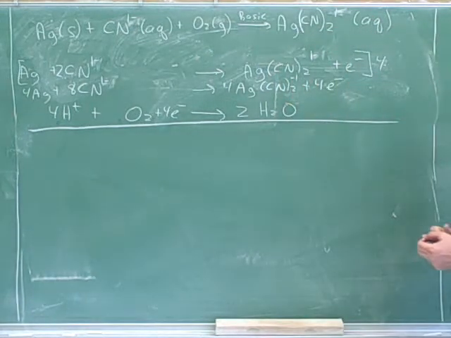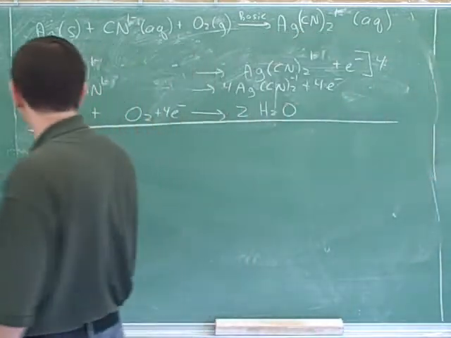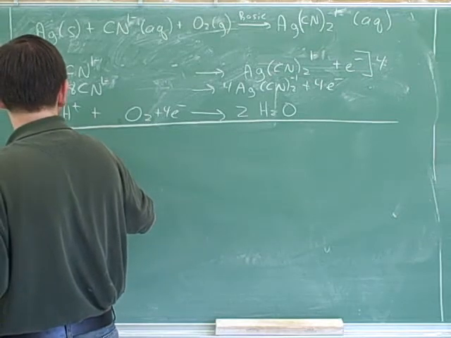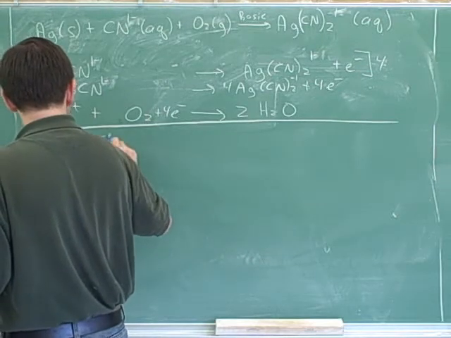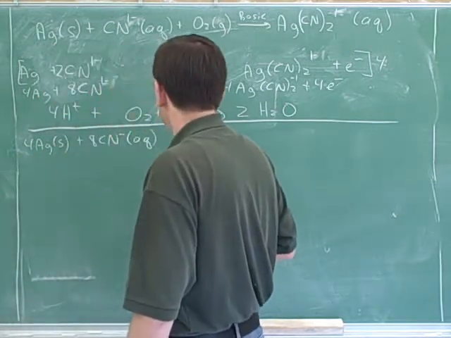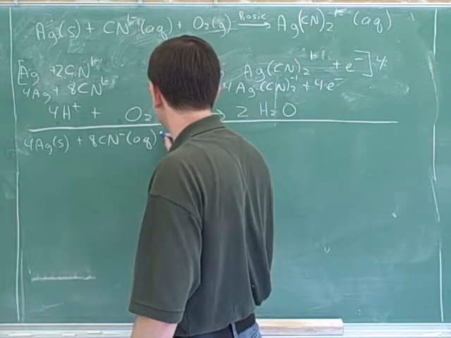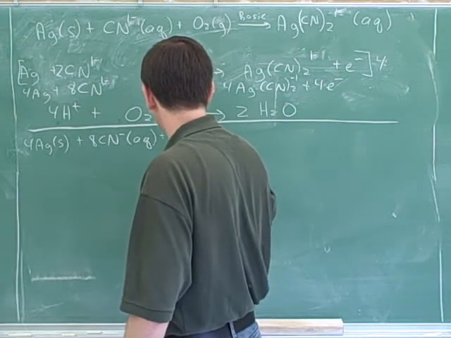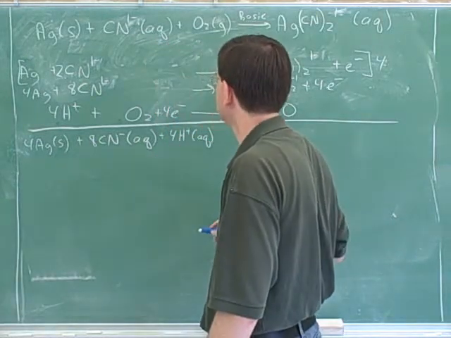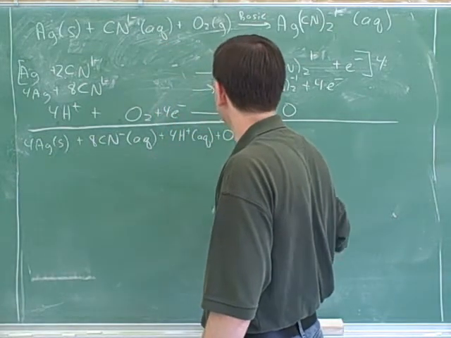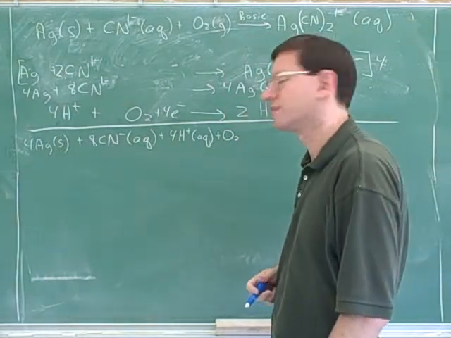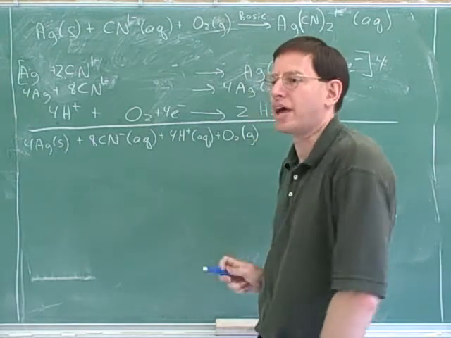Okay, so now what's our overall equation? 4Ag solid plus 8CN minus aqueous plus 4H plus aqueous plus O2 gas.